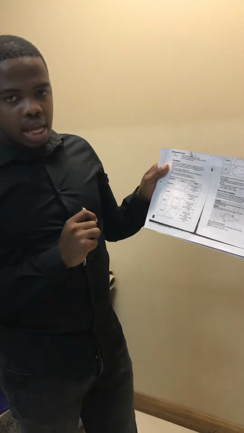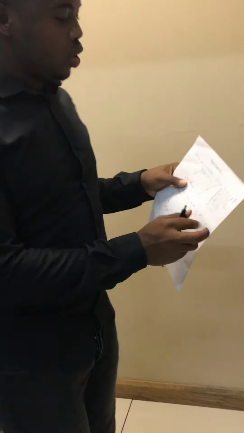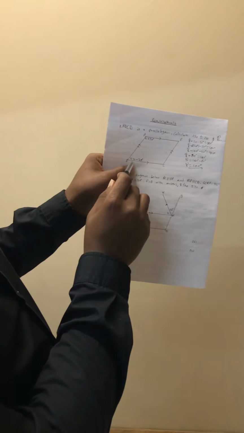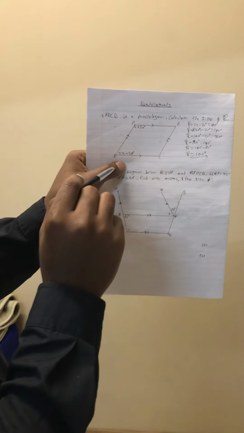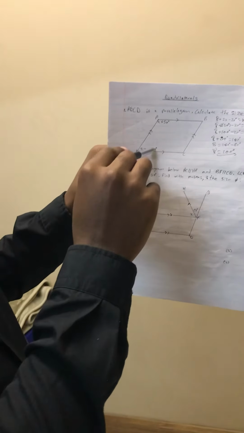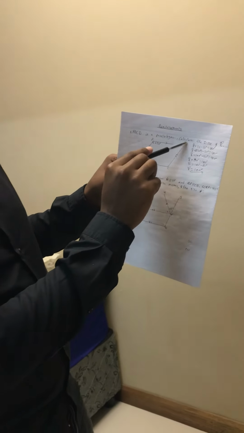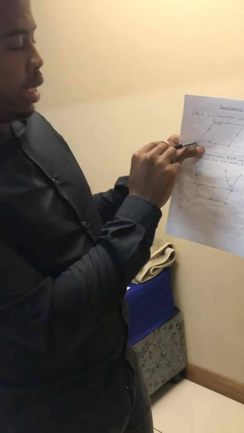Okay, now I want you guys to take out another paper that I gave you in class, where you will be calculating the value of x. This is the value of x that you will need to calculate first, and then calculate the size of angle B, which is opposite to angle D. Let me give you a quick roundup.